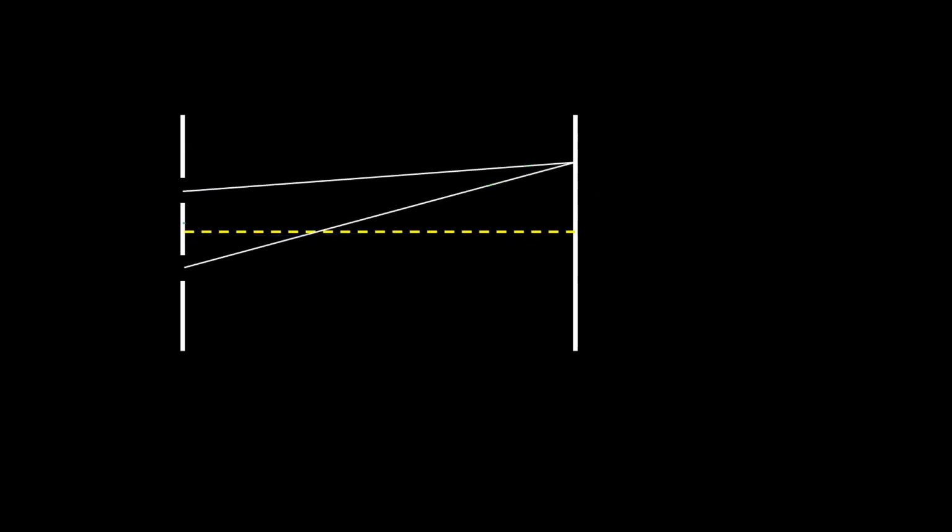The next would be in a case where, remember, this point was our central fringe, or 0th order bright fringe. Now, let's say this is our first order bright fringe. There is now a path difference. This is x1, this is x2. But x2 is a bit longer than x1.